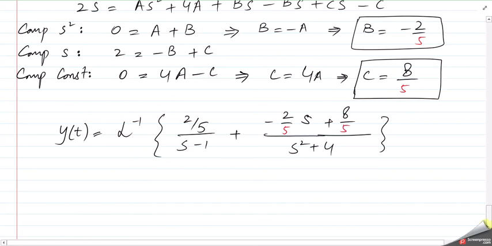All right, so now we have to split. Laplace inverse of 2 by 5 can go outside, so I'll write this 5 as well with that. So 2 by 5 can go out.